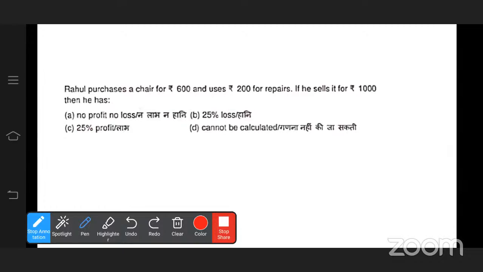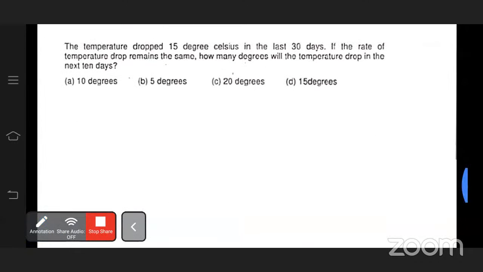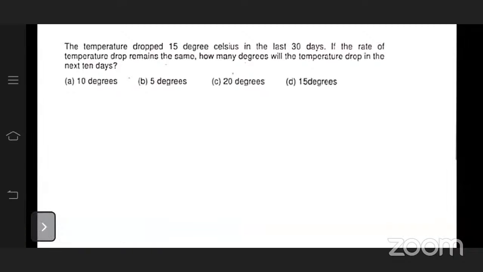Okay, listen to this sum. The temperature dropped to 15 degrees Celsius in the last 30 days.